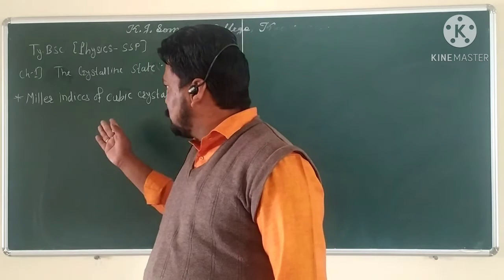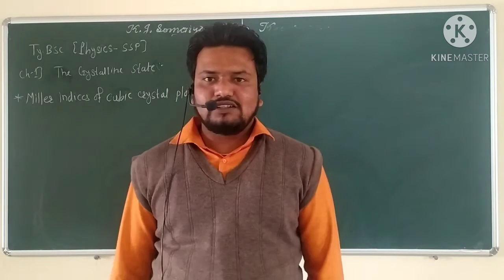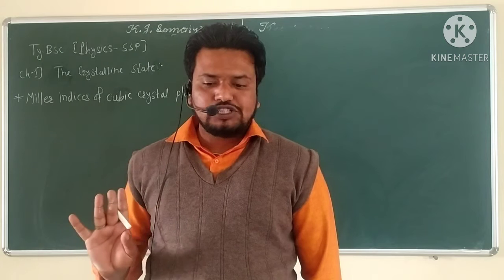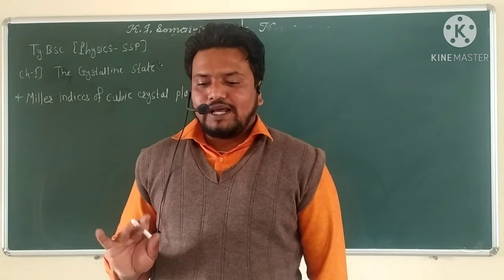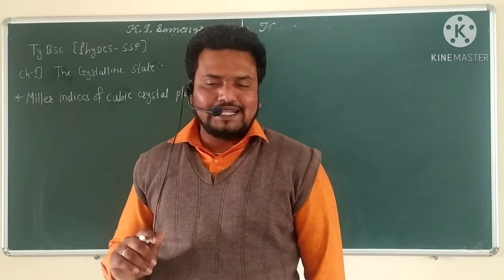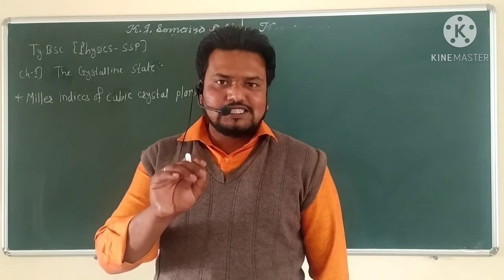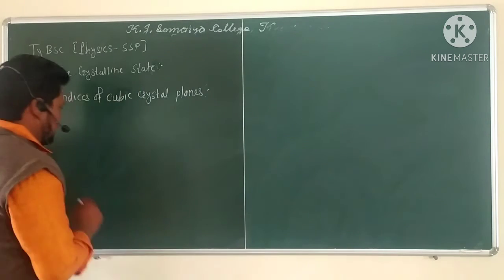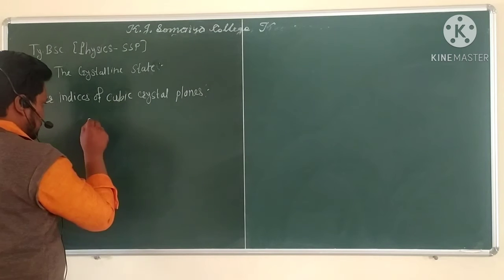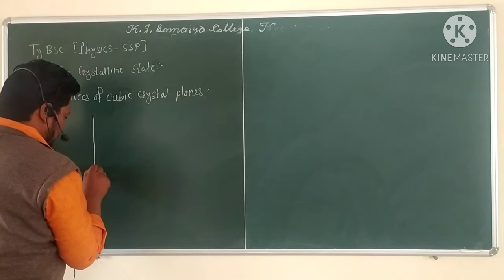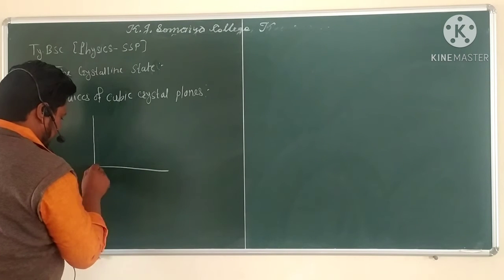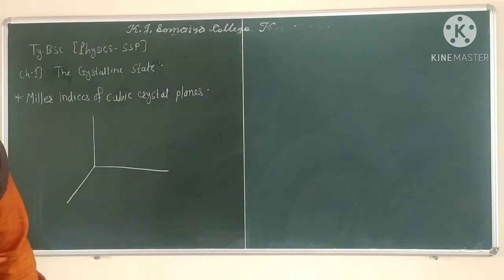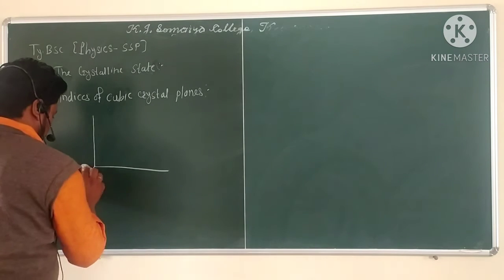So in this point, the Miller indices of a cubic plane system, if we consider that the plane is parallel to one of the coordinate axes. That means, for example, in the cubic system, that is considered as a three axis system, which we have considered here as the cube structure.